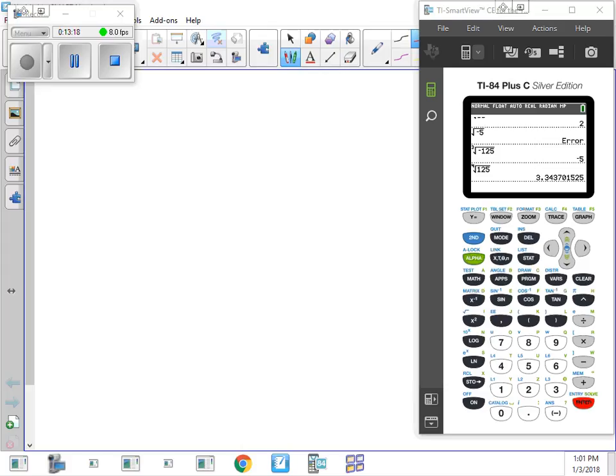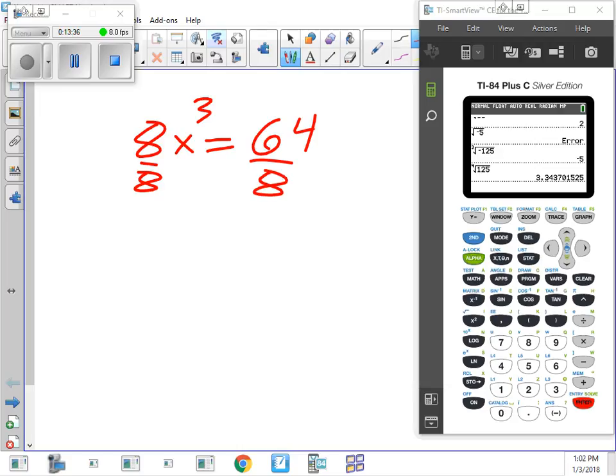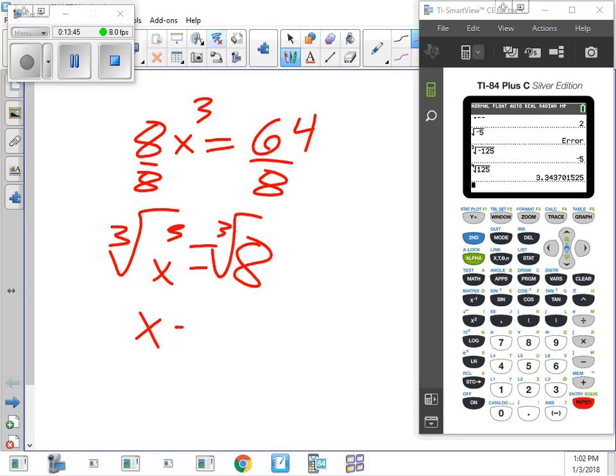Let's say I had 8x to the 3rd equals 64. What do I do first? Divide by 8. x to the 3rd is equal to 8. I take the 3rd root, and I get x is equal to, is it plus or minus 2?